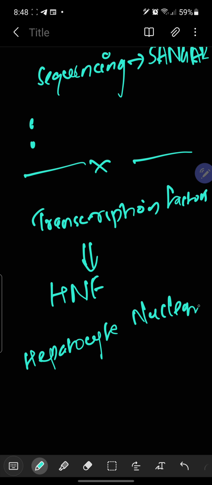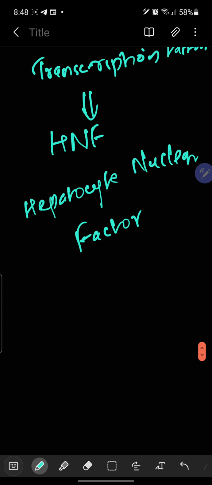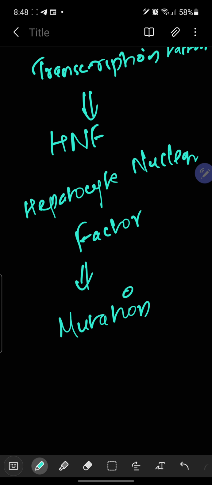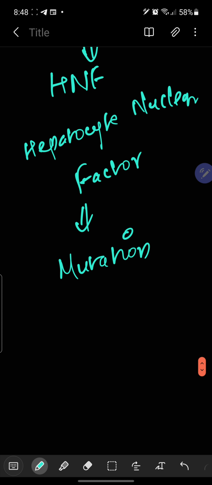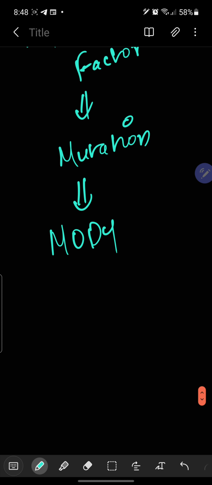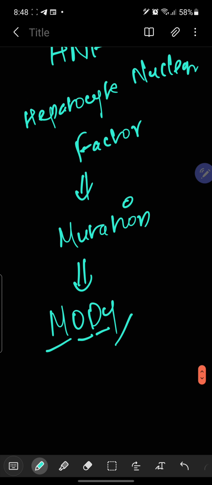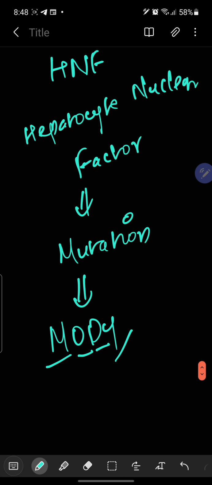When this factor undergoes mutation, there will be MODY. MODY means maturity onset diabetes of the young. This is the most common diabetes seen in young patients due to the mutation of the HNF factor.